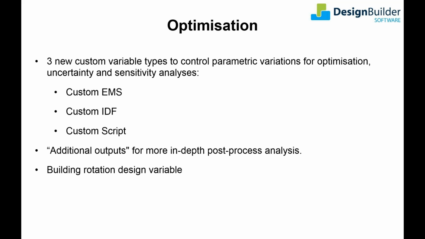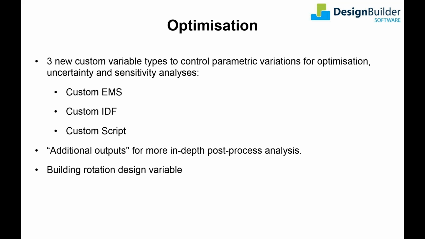Custom EMS is where EMS variables can be parametrically adjusted by the optimizer. Custom IDF, you can use scripting to override DesignBuilder auto-generated IDF, and custom script. C# or Python scripts can be called at specific calling points.